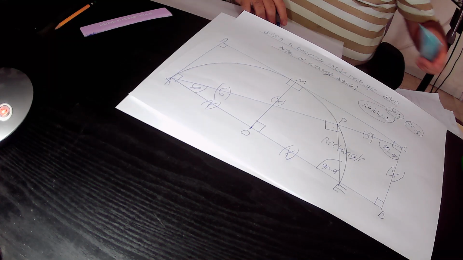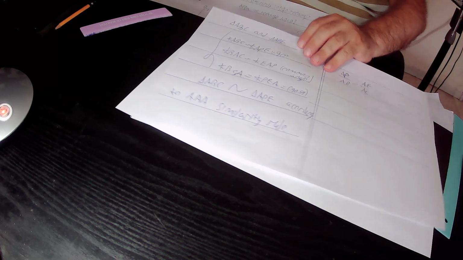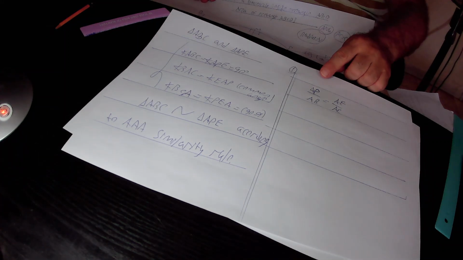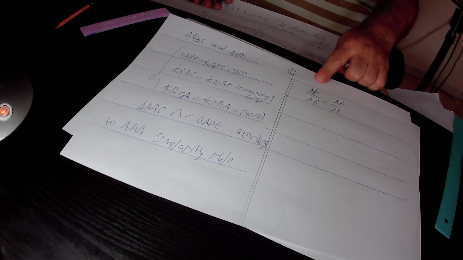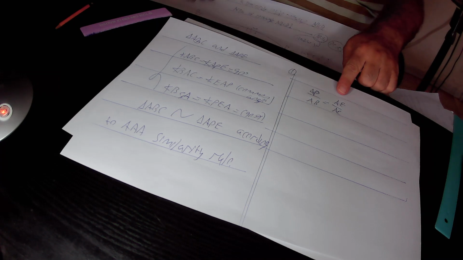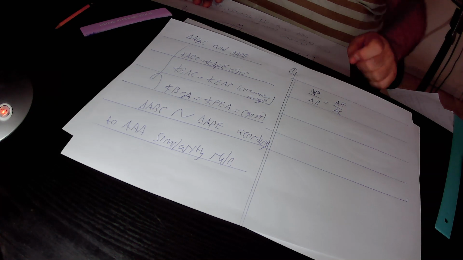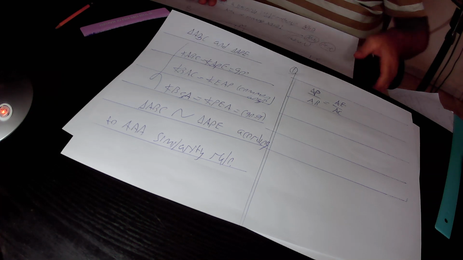So repeat again, we derive that side AP of the right triangle APE over side AB of the big right triangle ABC equals side AE of the right triangle APE over side AC of the right triangle ABC.